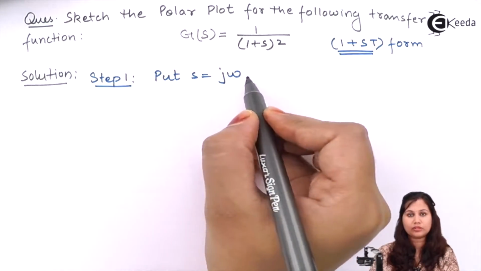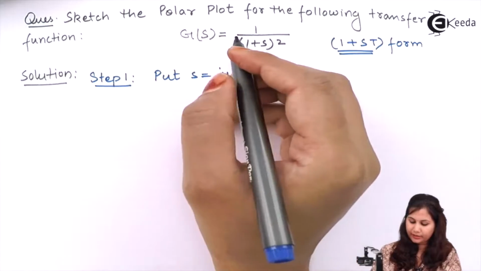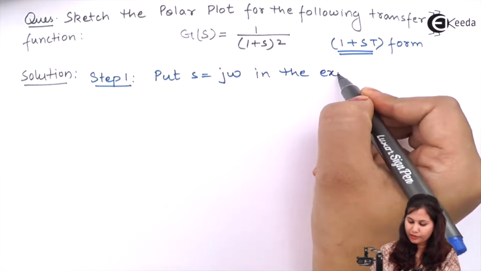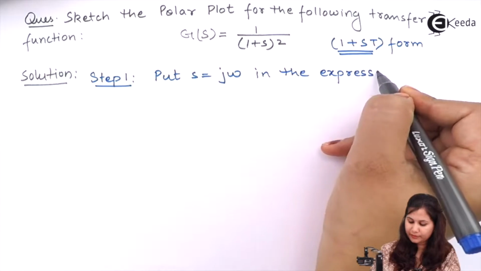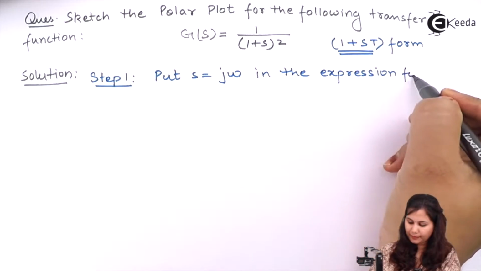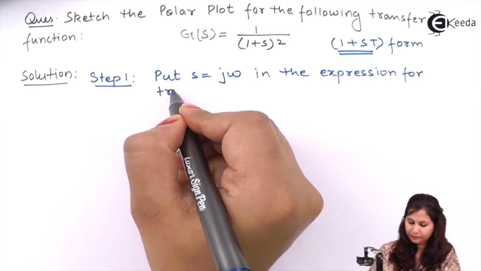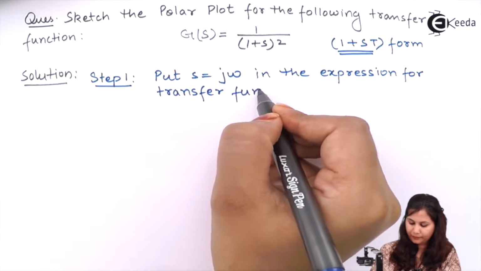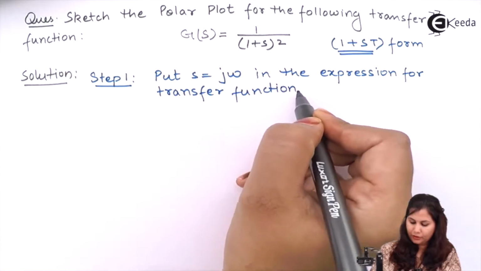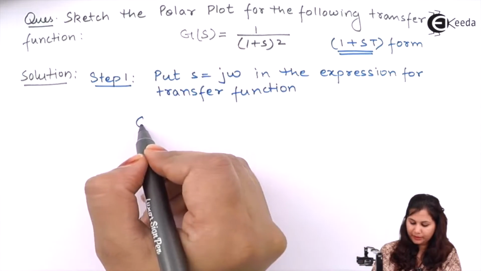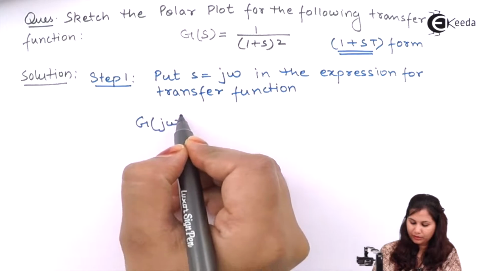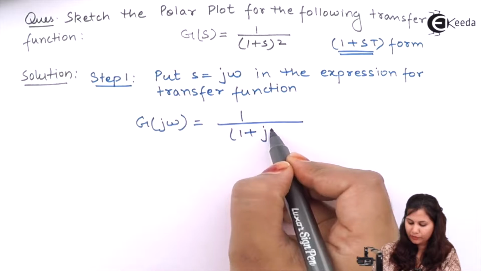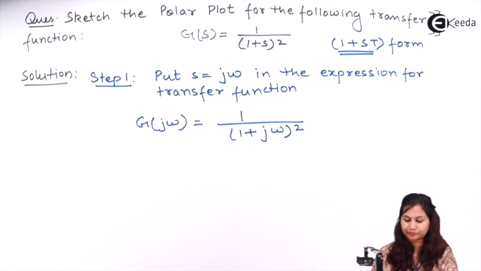So putting s equals to j omega in the expression for the transfer function, this G(s) will now become G(j omega), and it will be 1 upon (1 plus j omega) whole square.